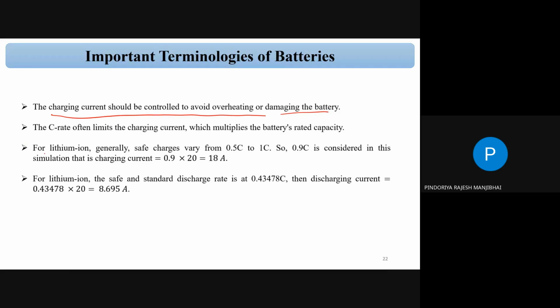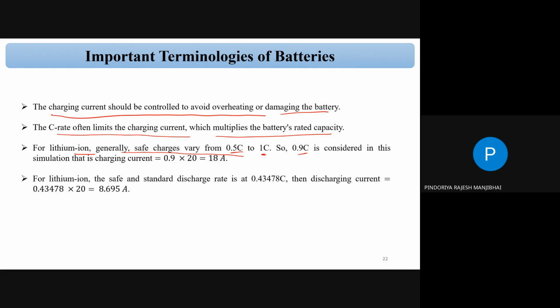The C rate often limits the charging current. Every battery manufacturer gives the C rate of the battery, which multiplies the battery rated capacity. Lithium ion generally safe charge varies from 0.5 C to 1 C.